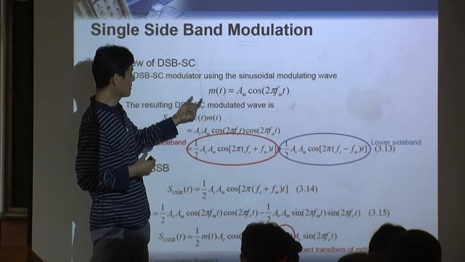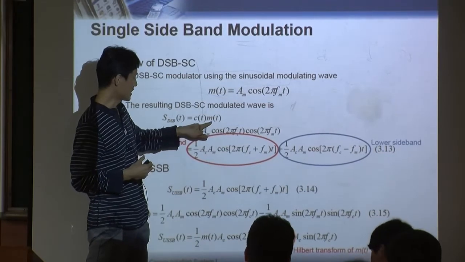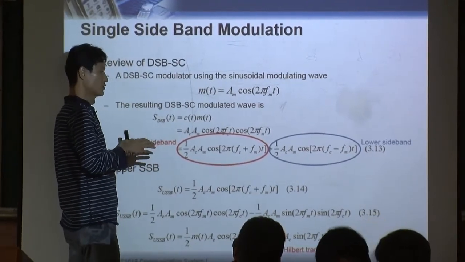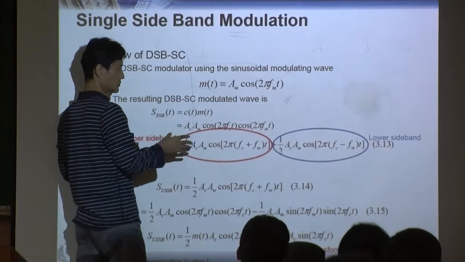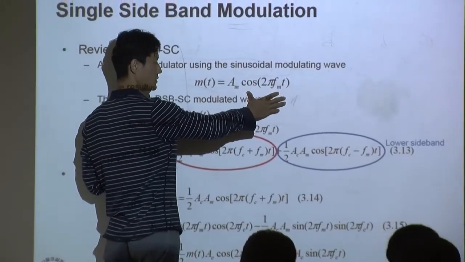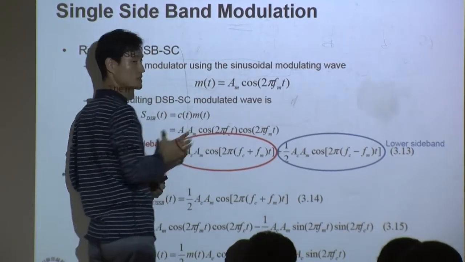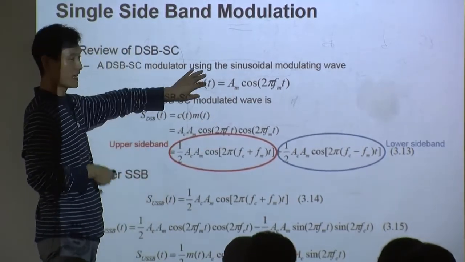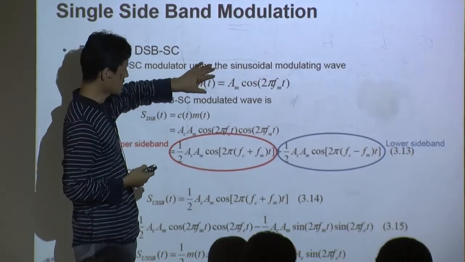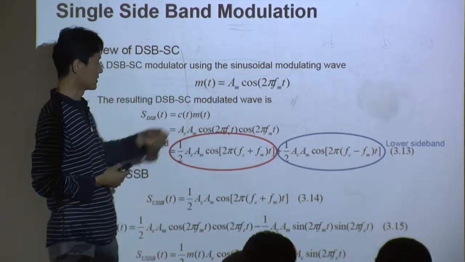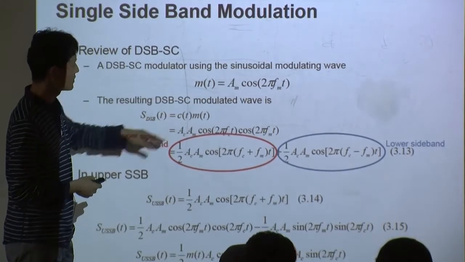We know that double sideband is simply multiplication of message and carrier. Let's take a simple example of message. Let's say the message is simply a cosine. You can make any message, but just for discussion, we are taking a simple cosine, and then multiplying it by the carrier.